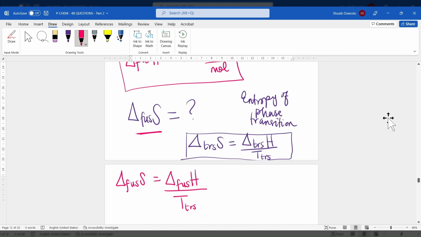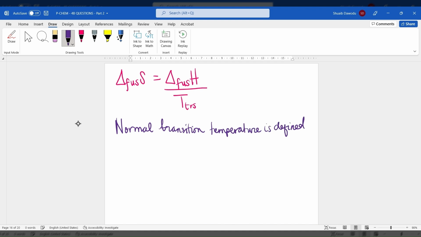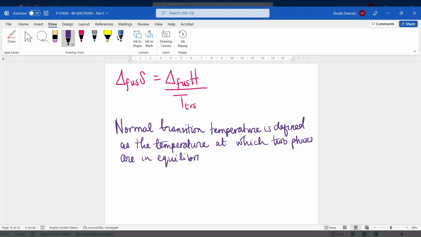Well, the way you determine the temperature to use is to remember that the normal transition temperature is defined, yes, we're doing some theoretical normal transition temperature, is defined, very important, as a temperature at which two phases are in equilibrium at 1 atmosphere.